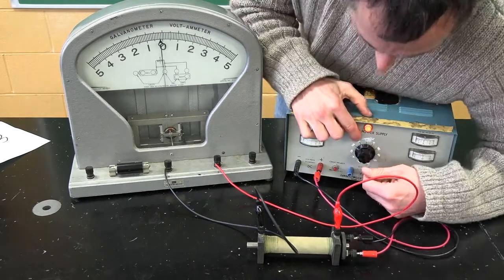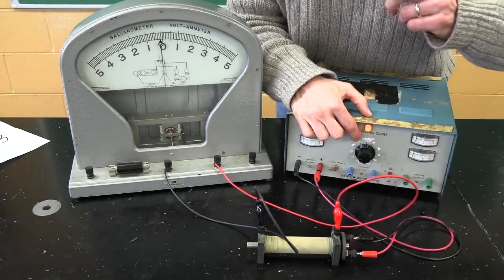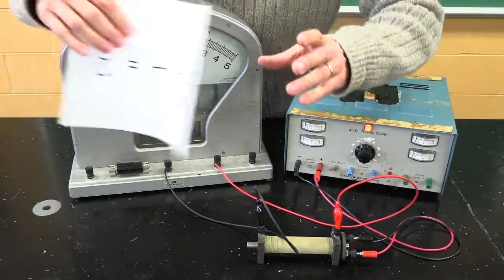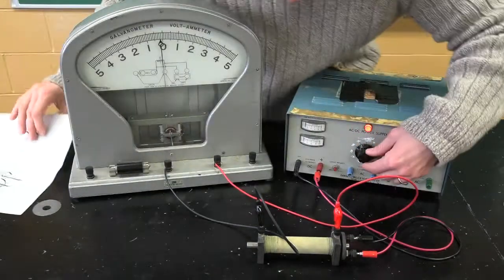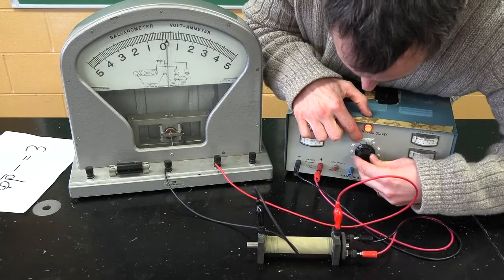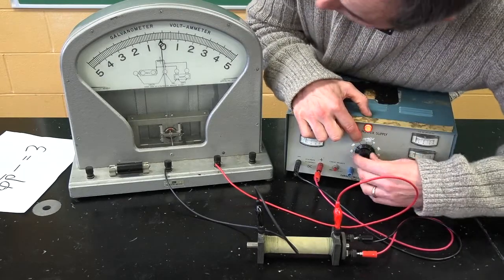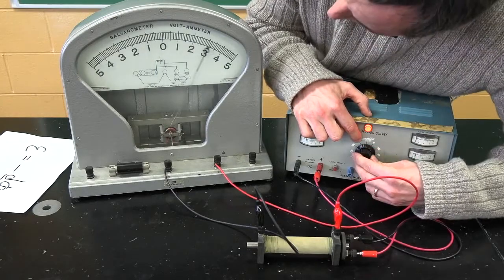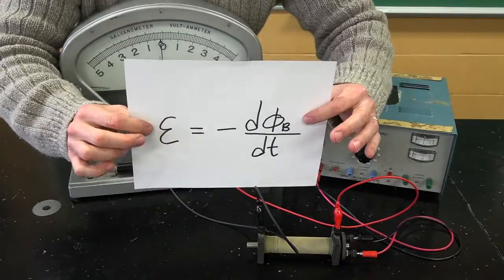If I go up to this same place, I'm going to have the same amount of flux, the same change in flux, but I'll do it in less time, so I'm going to get more voltage. Here we go. You see that the deflection was greater, and I'm going to go down to 0 quicker. So up quicker, down quicker, and I get more deflection because I did it faster.